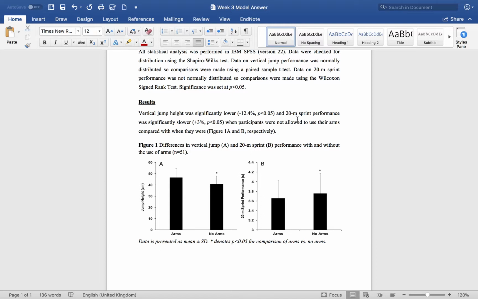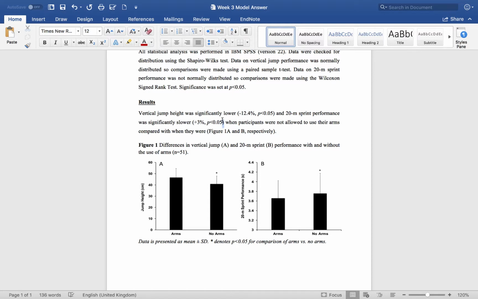Same for the 20-meter sprint performance. 20-meter sprint performance was significantly slower, so time increased by plus 3%, when participants were not allowed to use their arms compared with when they were. Provide the magnitude, provide the lower threshold. So you're saying it's significantly slower, you have to say p was lower than 0.05.